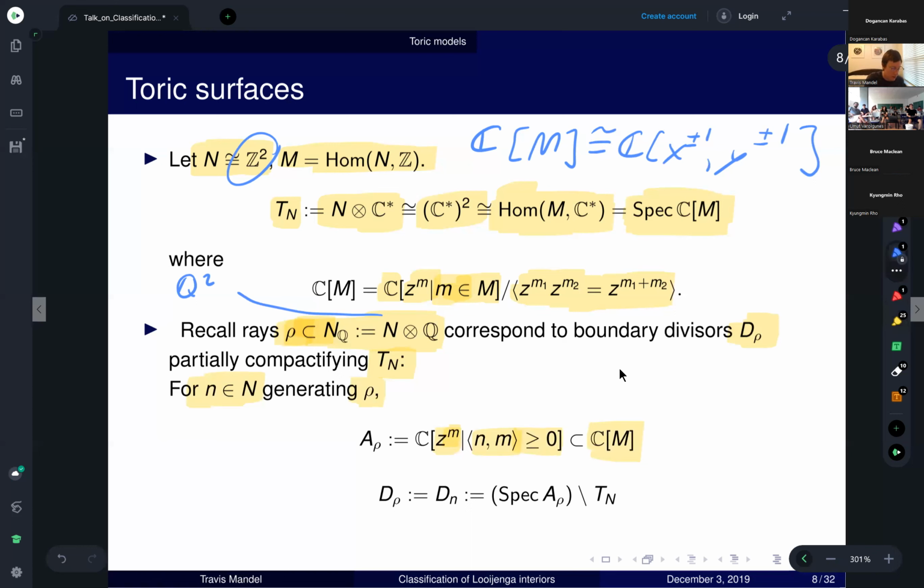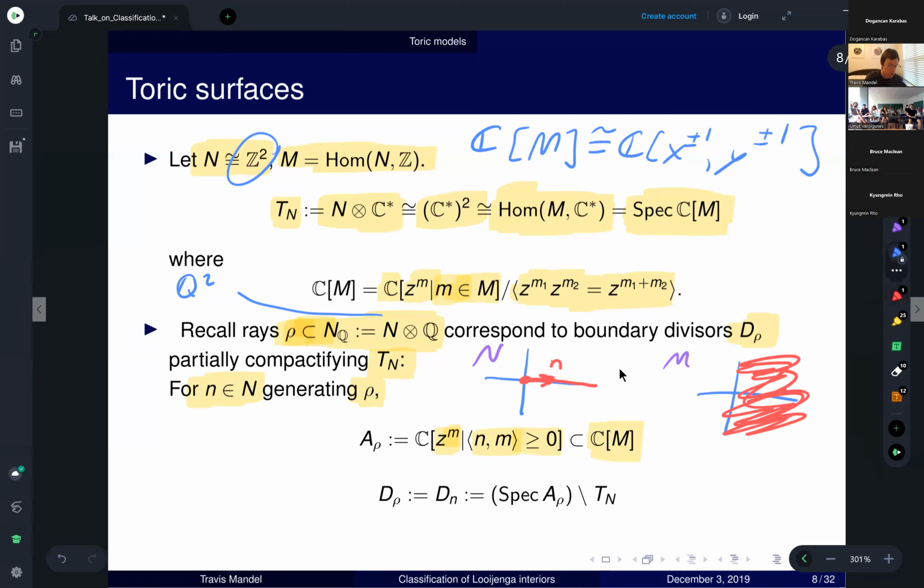Say this is our N, and let's say we're looking at this ray. So we can let this be our vector n. Here I'm drawing an M, so dual to that ray, we have this half space.